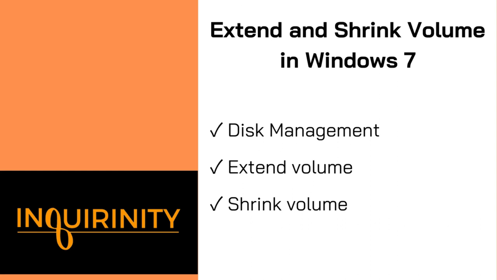So the assumption is you need to have free space for it to be extended. We also did the shrink volume, wherein we decrease the space of the particular partition to a lower number in order for the size to be reallocated to some other volumes.